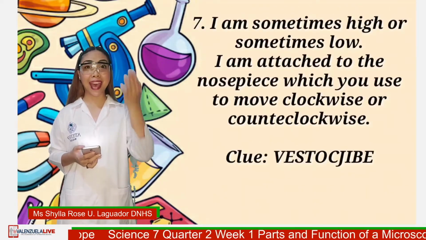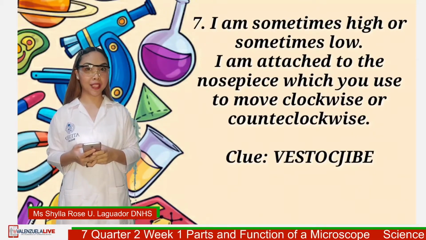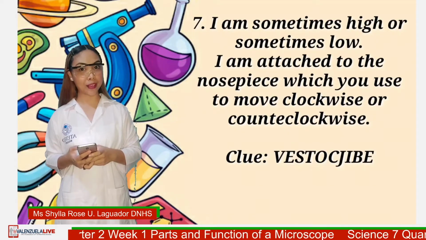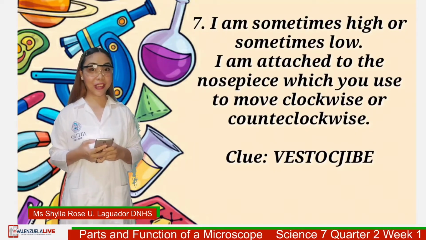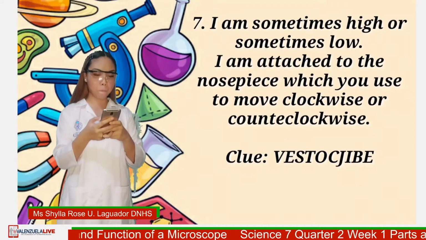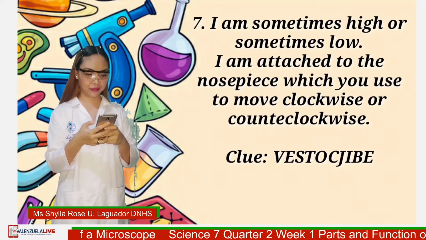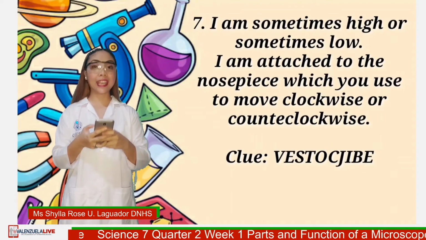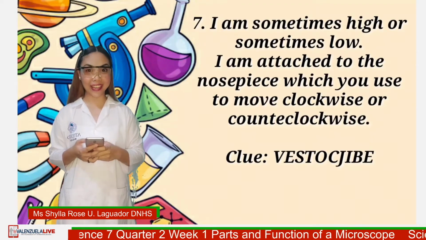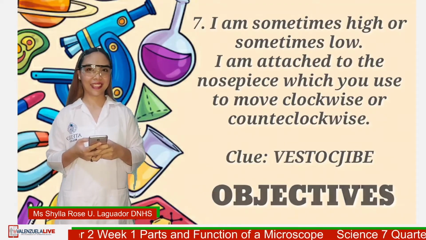I am sometimes high or sometimes low. I am attached to the nosepiece, which you use to move clockwise or counterclockwise. Guess who I am? Your time begins now. Time's up. The correct answer is objective or objectives. Okay, riddle number 8.